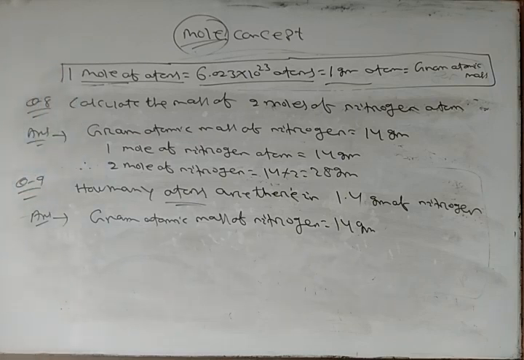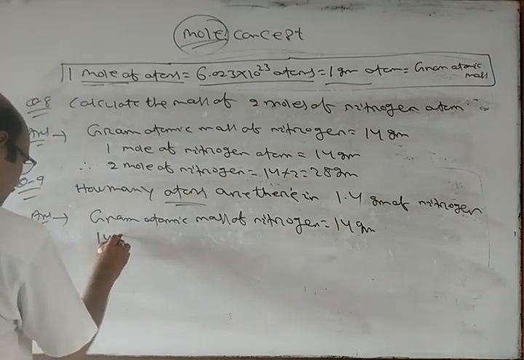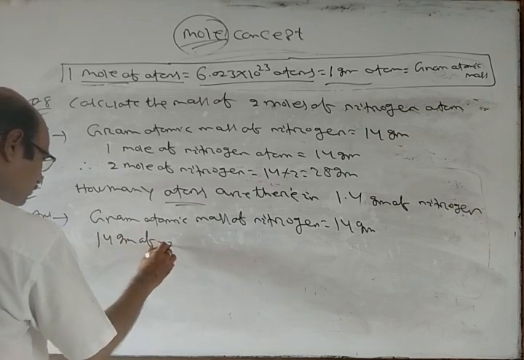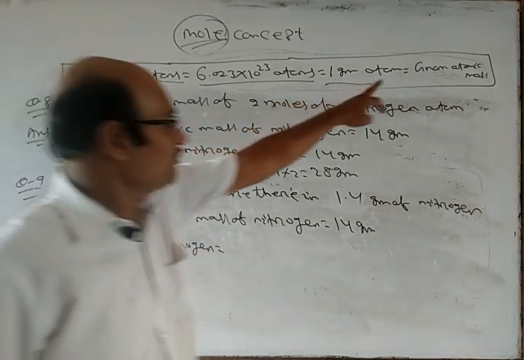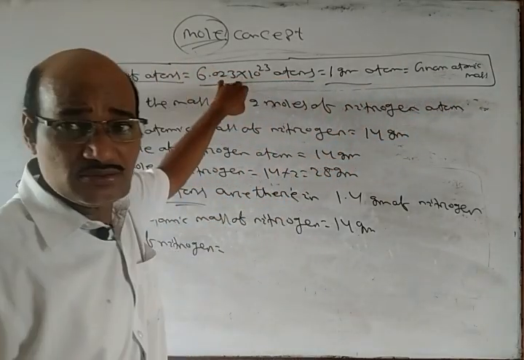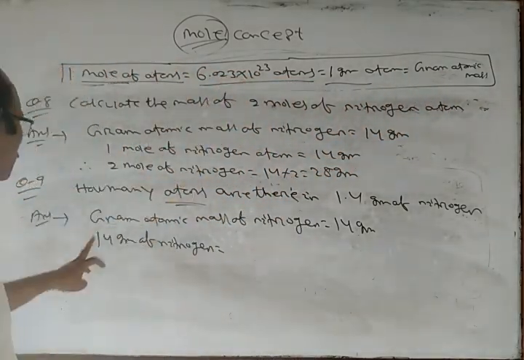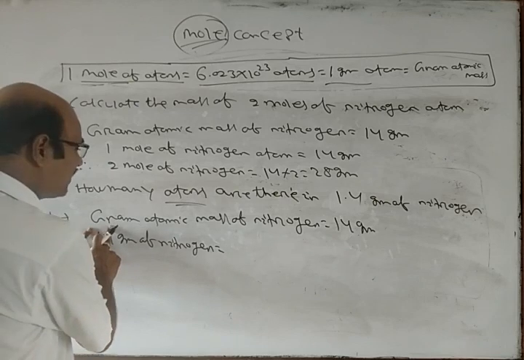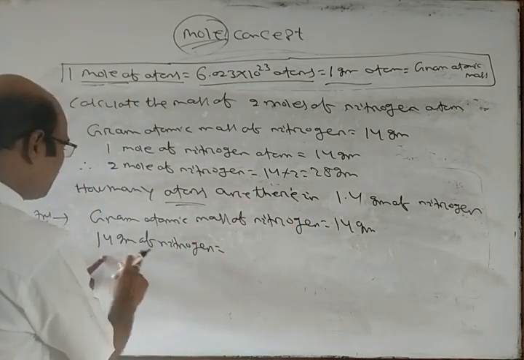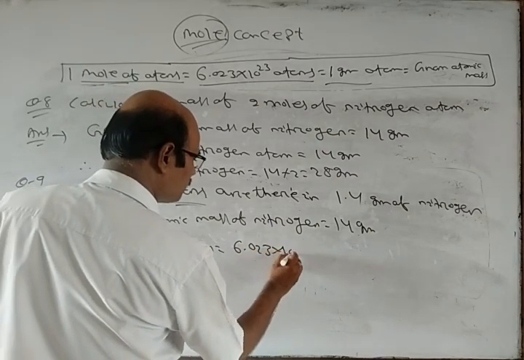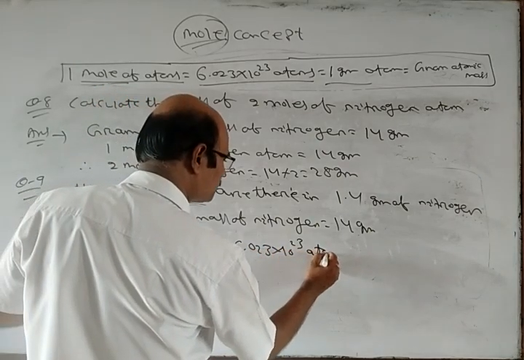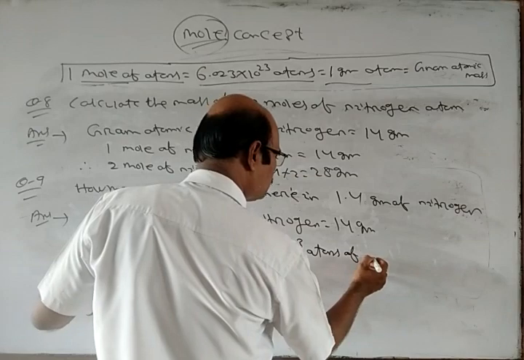Okay, so let 14 gram of nitrogen. We know gram atomic mass equal to what? The number of atoms. So what is it? Now gram atomic mass will be 14 gram. So 14 gram of nitrogen is equal to what? 6.023 into 10 power 23 atoms of nitrogen.